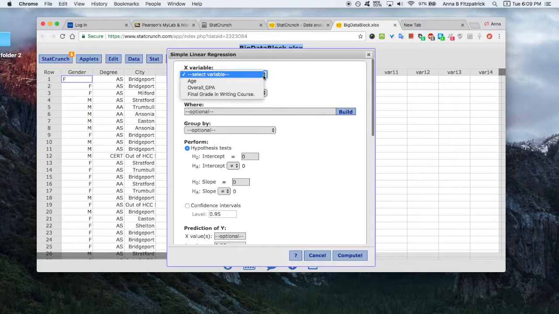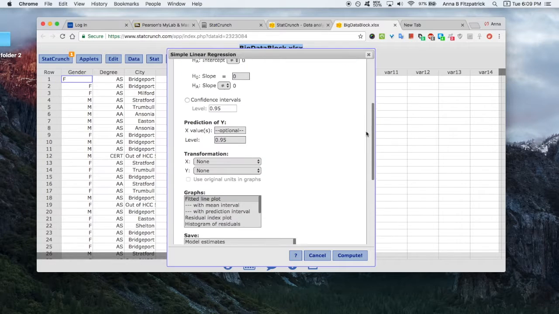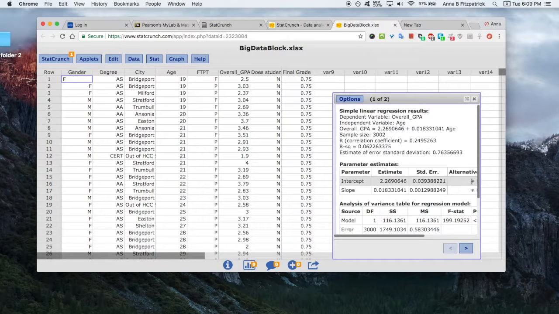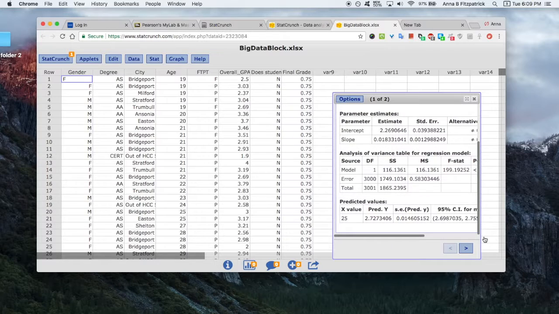I'm checking age is my x, y is my overall GPA, and if you scroll down, there is a way to predict y, which in our case is the GPA, by putting in our x value, which is 25, because that's the age we're looking for. Then compute, and now it has included our estimated GPA for a 25-year-old, which is 2.727, rounded up to 2.73.